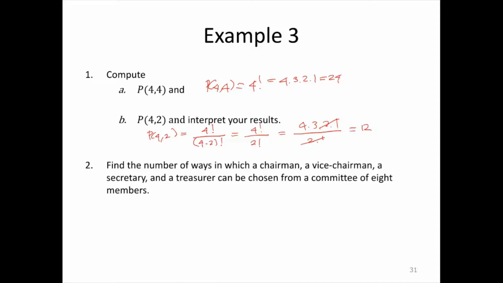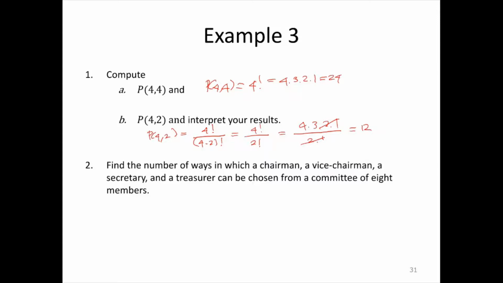Why is it important? Because there is a difference between having A as chairman and B as vice chairman, and B as chairman and A as vice chairman. So order is important, and we can use permutation. The second question is, how many objects are there to be permuted?